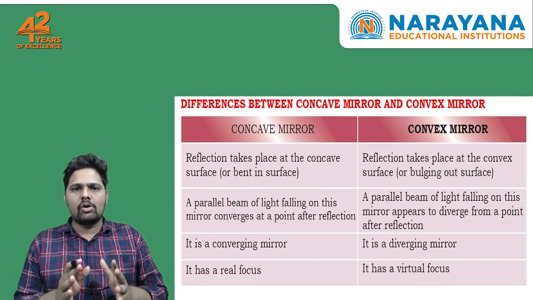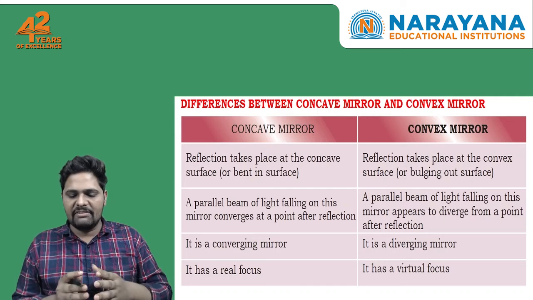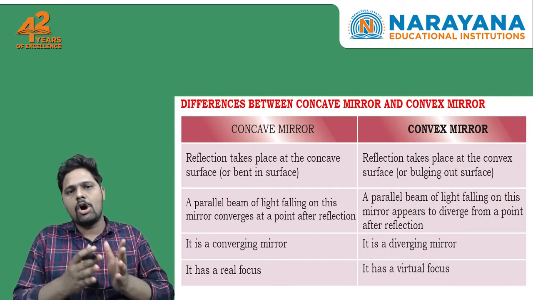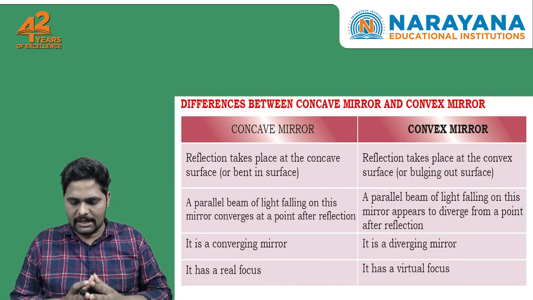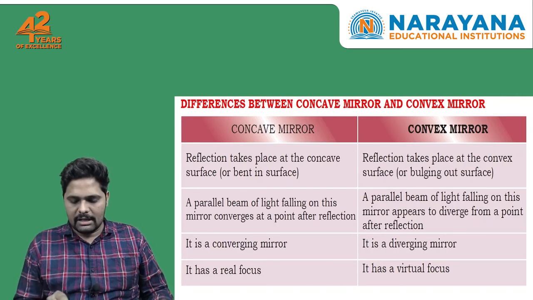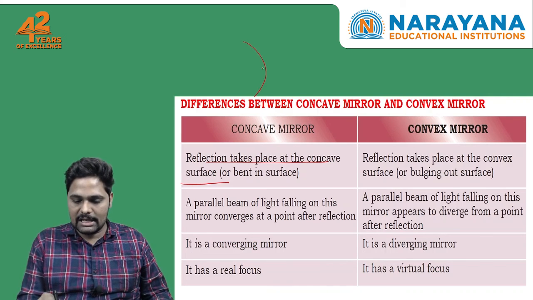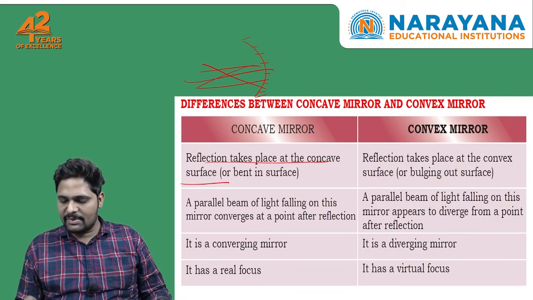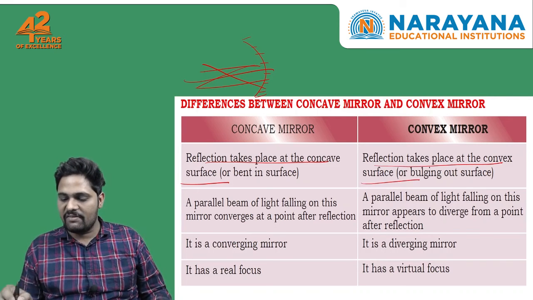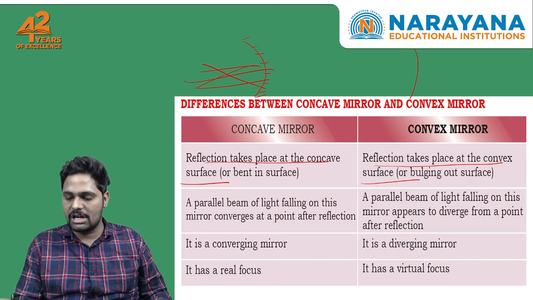Finally, before closing the concept, let me give you a brief explanation of the differences between concave as well as convex mirror. First, concave mirror. Reflection takes place at the concave surface. It means exactly like this. In this part, the reflection will take place. Whereas in a convex mirror, reflection takes place at the convex surface, the bulged outside part.